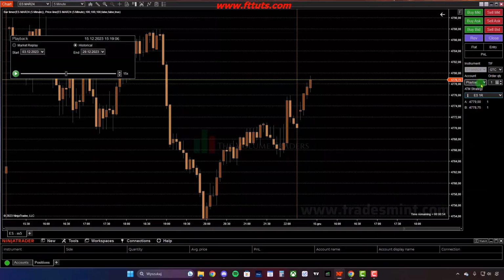And here also be sure that you have chosen the right account, because by default it is possible that the platform will choose the demo account, or simulator or something like this. So always be sure that here is set the account you want to trade.